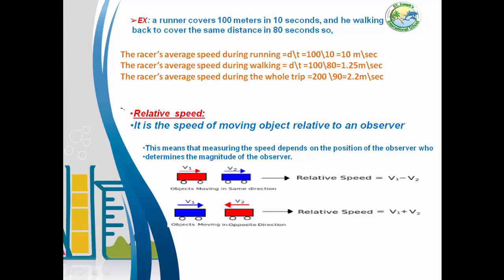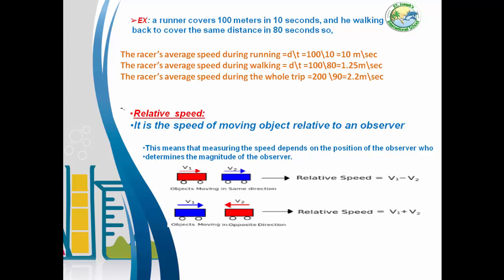But if the observer is in a moving car or a moving object that moves in the same direction with the moving object, for example, the observer is in this red car, and he is watching the other car, the two cars moving in the same direction, in this case the relative speed will be the object speed minus the observer speed.